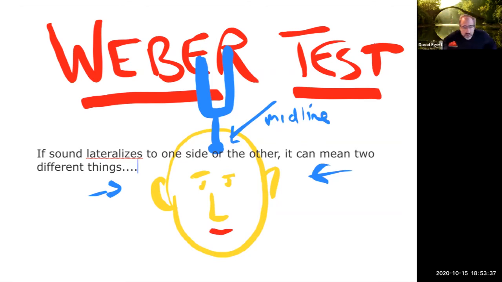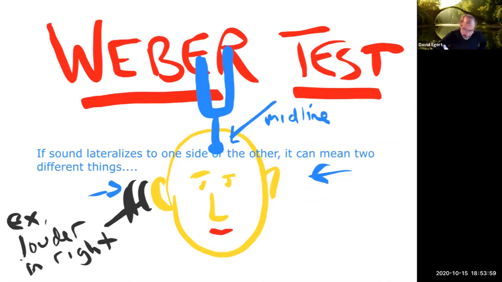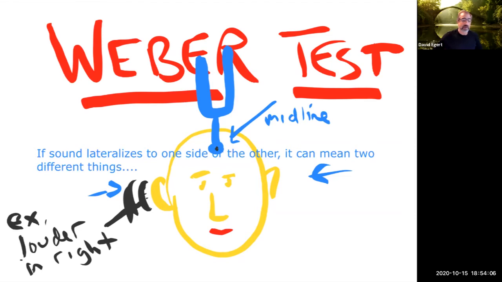Let's say it sounds louder on this ear. So for instance, let's say you put this on the midline and your patient says it sounds louder in my right ear than my left ear.